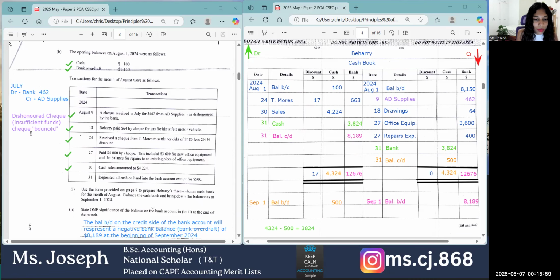And this is because we withdrew more money than we deposited into our bank account. That is part B of our question.